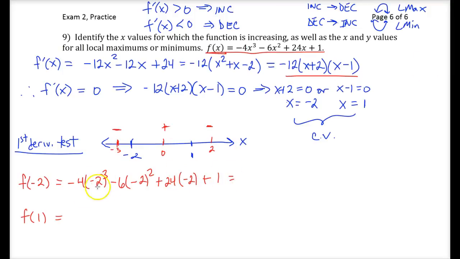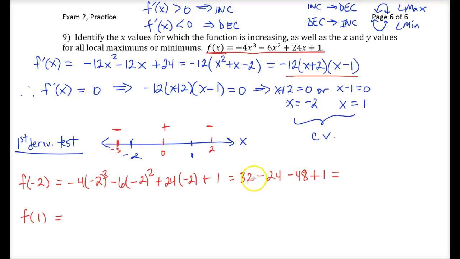With that, of course, -2 cubed is -8, and -8 times -4 is +32. 2 squared is 4, and 4 times -6 is -24. 24 times -2 is -48, and then we have plus 1.